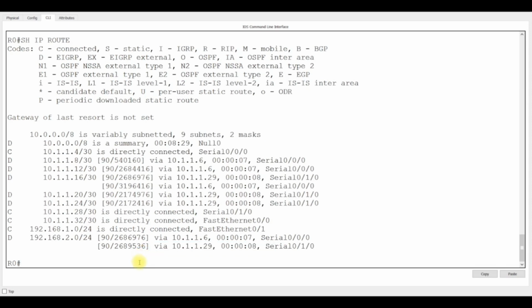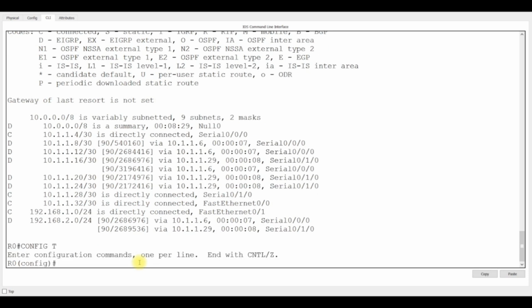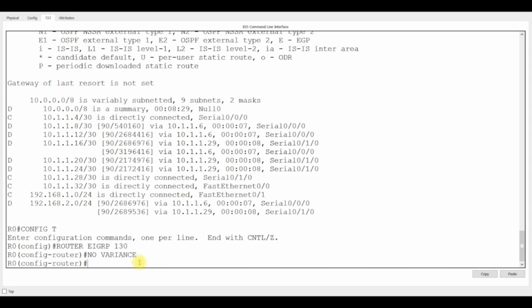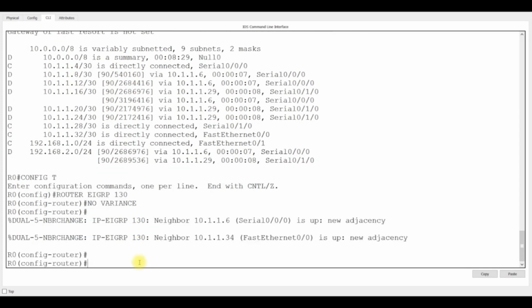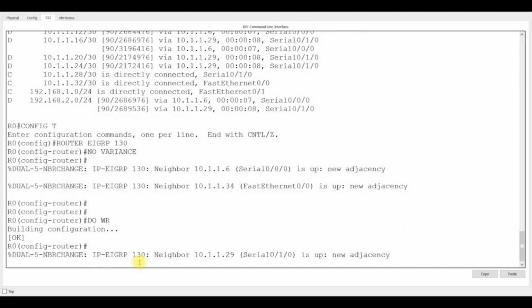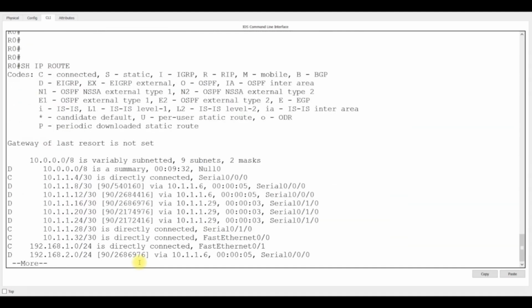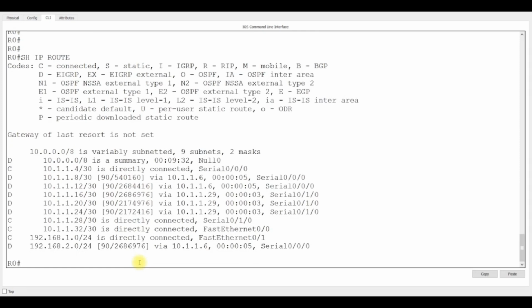Now, if you want to get rid of it, it's very simple. Just go back to your EIGRP router, EIGRP 130, and just do no variance. All right, and then you'll get new adjacencies coming up again. Let's do a do WR, and let's do a show IP route. And there you go. We're back to what we were before.